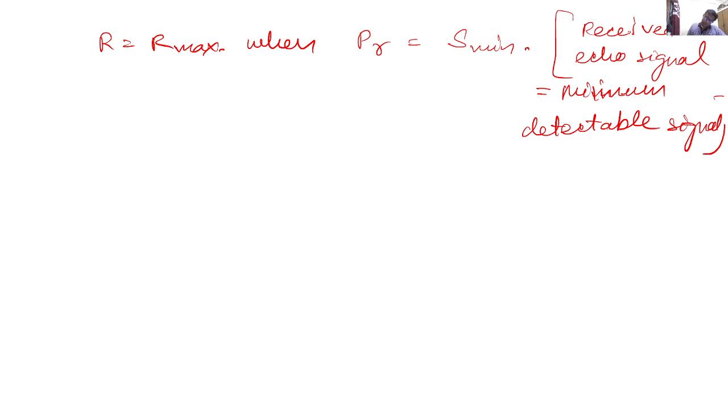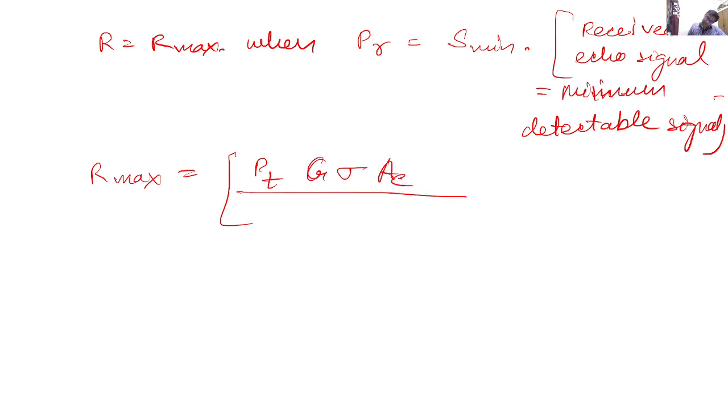Okay, so R max in that case would be PT times G sigma AE by 4 pi square times S min, all to the power 1 by 4. So the lower the denominator is, the higher the R max would be. Okay.